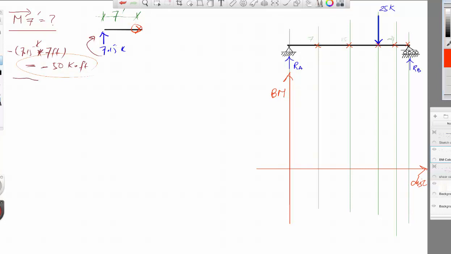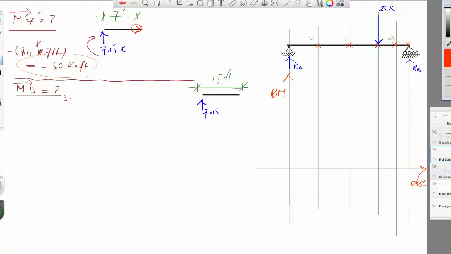Now let's move to the next. We have a distance of 15 feet, equal to how much? So again, same sketch, and this will be again the same thing. It is 7.15, and this distance from here to here is now 15 feet.